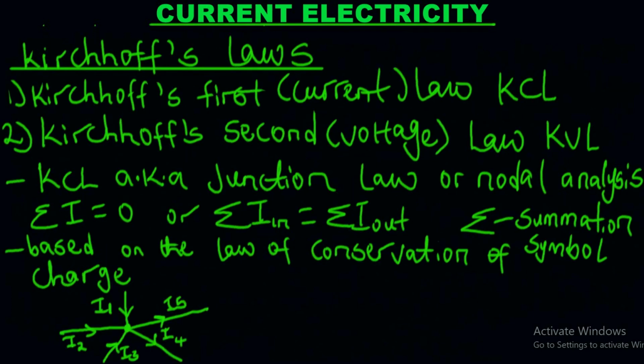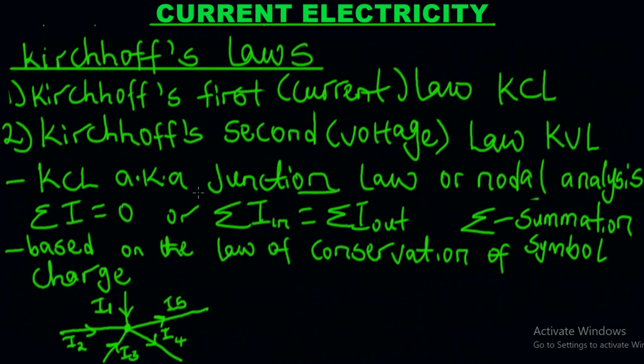All right, guys. So moving on, we have another concept to be discussing, which is Kirchoff's laws. The laws are two in number. We have the Kirchoff first law, or the Kirchoff current law, KCL, and the Kirchoff voltage law, or the second law of Kirchoff. Starting off with KCL, which is also known as the junction law or nodal analysis.